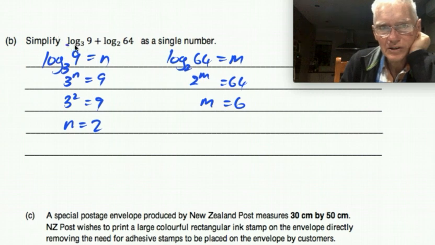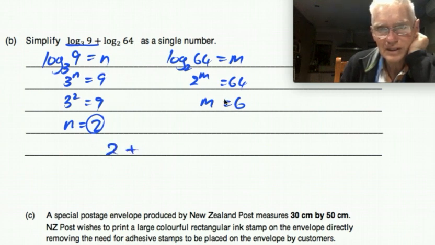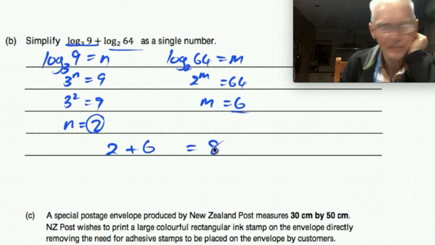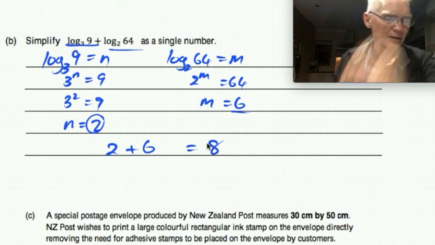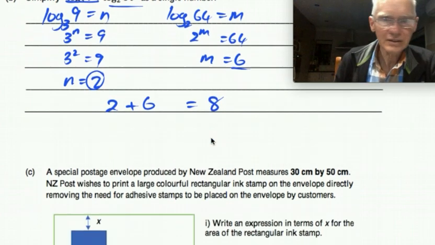We've got log base 3, and we know that is 2 because we found what it equals. So we've got 2 plus 6, which equals 8. All done? Cool. So there's our answer.